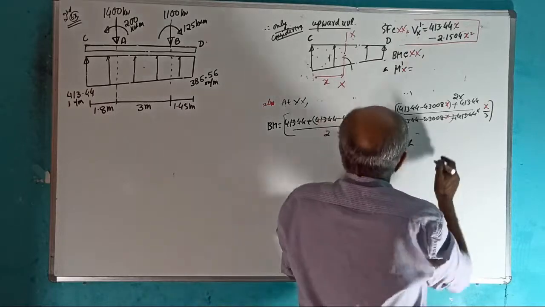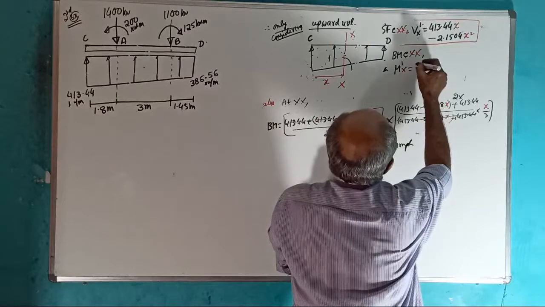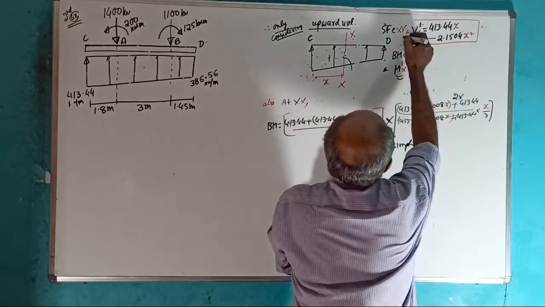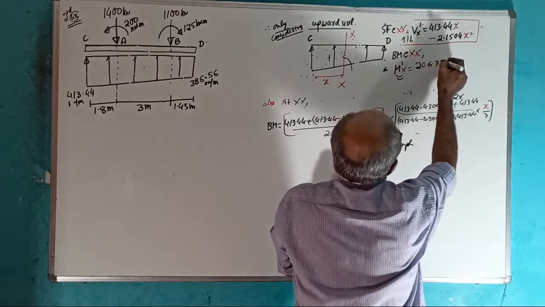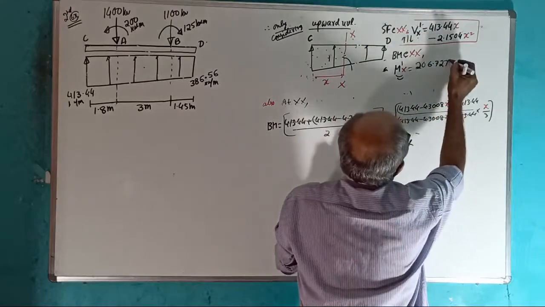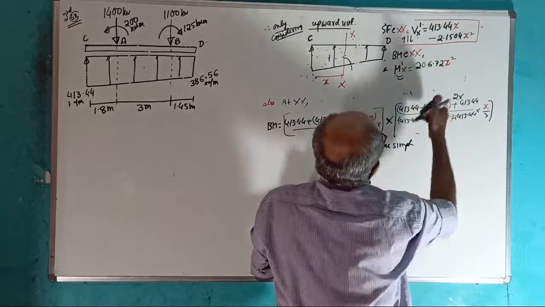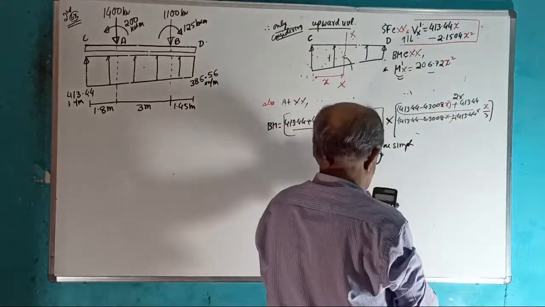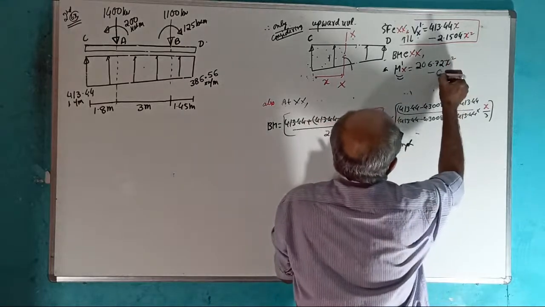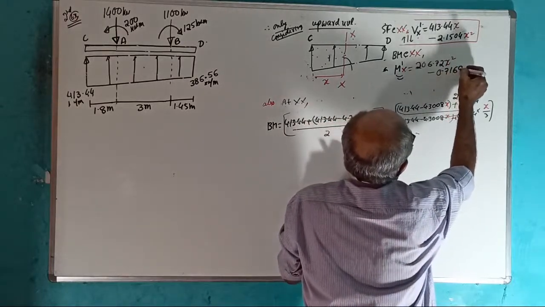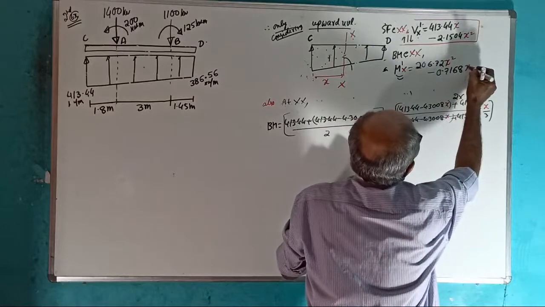It will come 206.72 x square, sagging positive, left up, right down positive, minus 0.7168 into x cube.